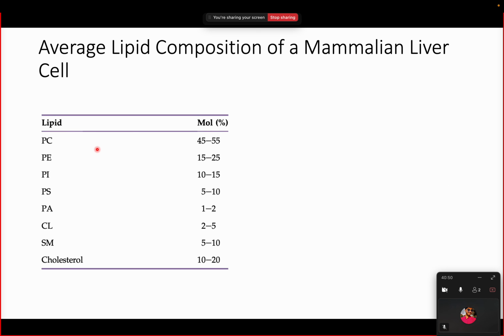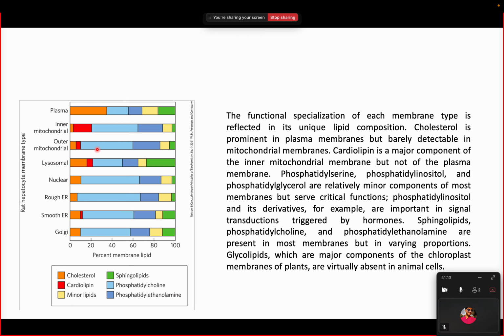And then we saw how, within an organism, the number of lipids within a cell or within an organ varies. PCs, phosphatidylcholine, phosphatidylethanolamine. Even within an organ, the lipids change from one cell to another cell, hence they are very diverse in nature.